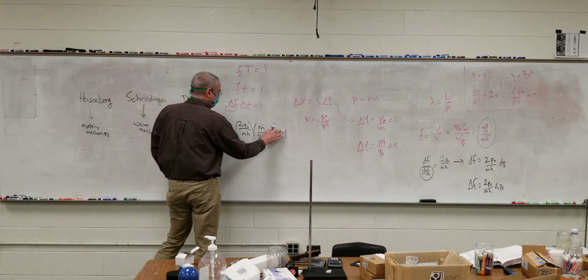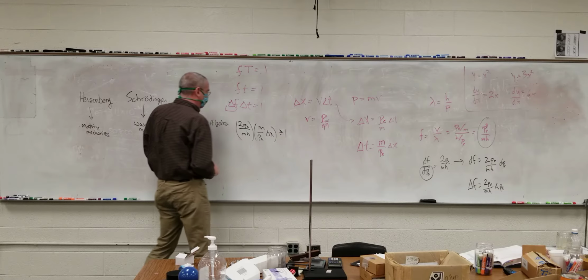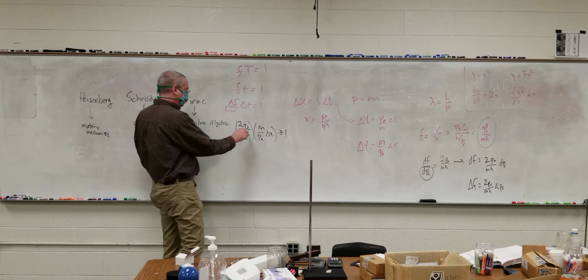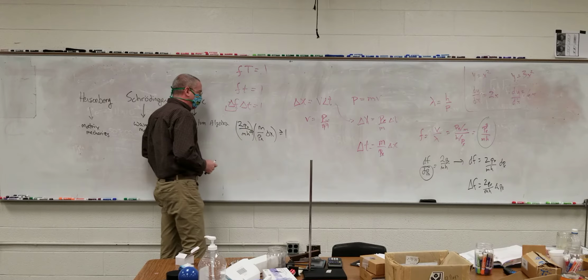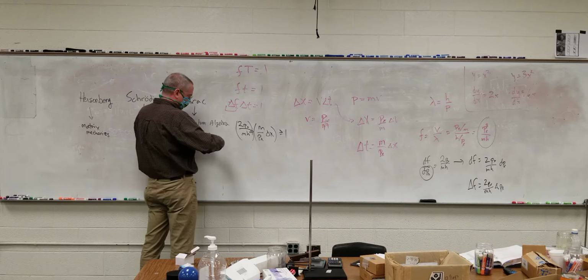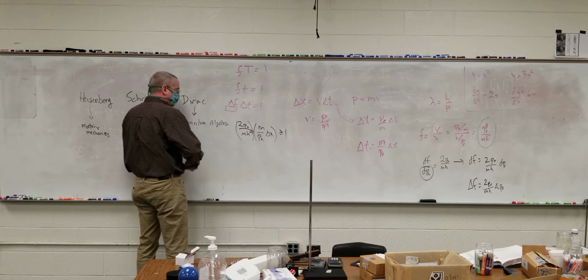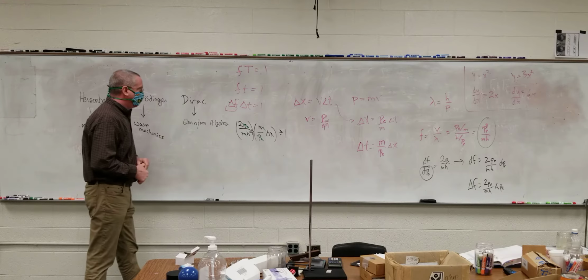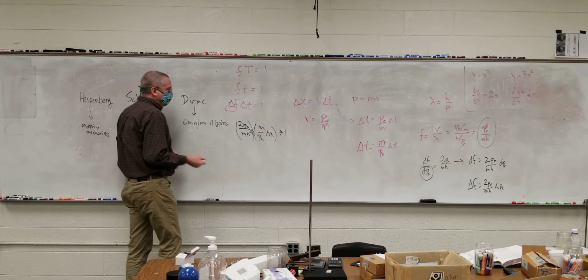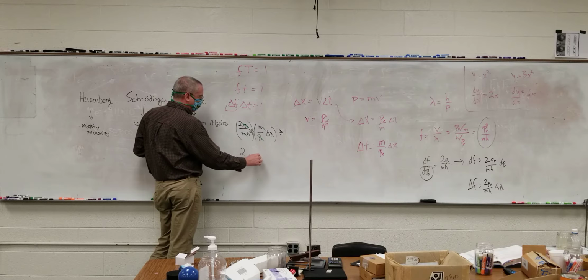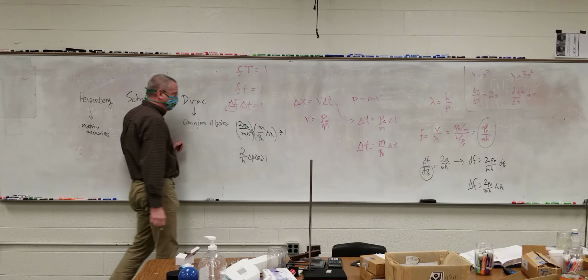It is greater than or equal to 1. Px cancels out. M cancels out. So I'm left with 2 over h, delta p, delta x is greater than or equal to 1.